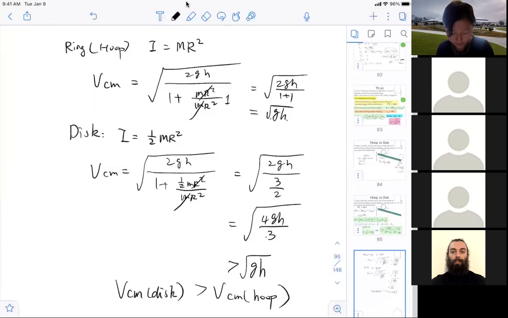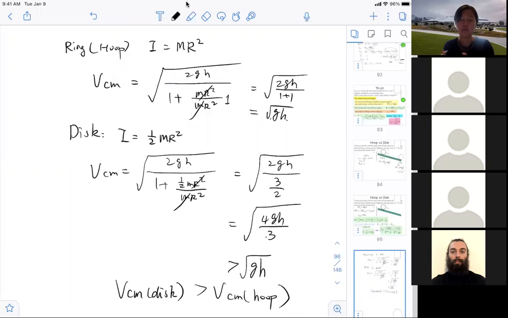Okay, so any questions about this particular problem, or including the yo-yo, because you can see the approach is very similar in these two problems. We're simply using a direct conservation of energy approach to solve it. The only difference from all the energy problems we solved before is that now we added another term for rotational kinetic energy.